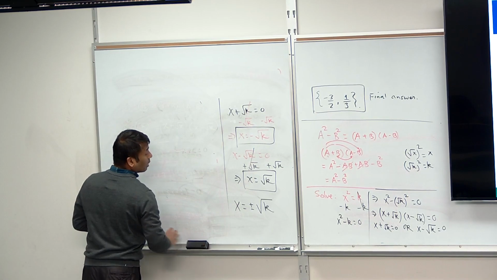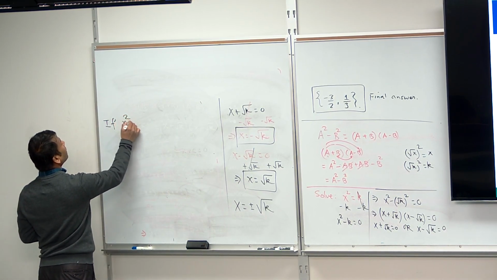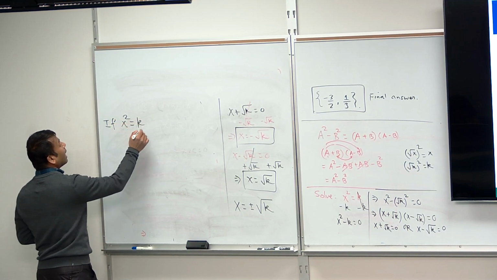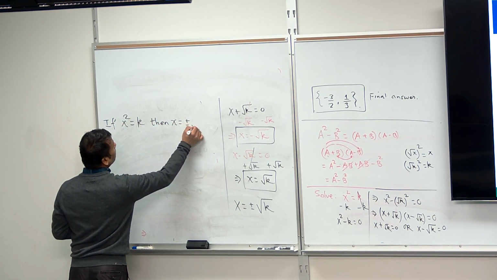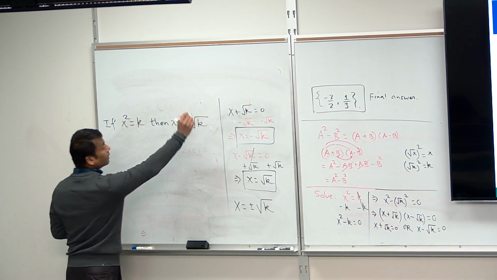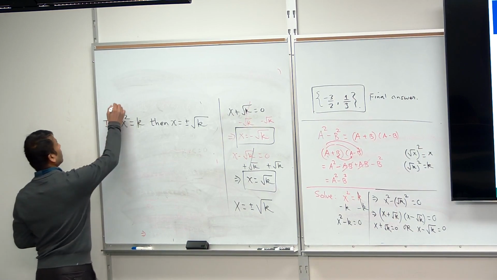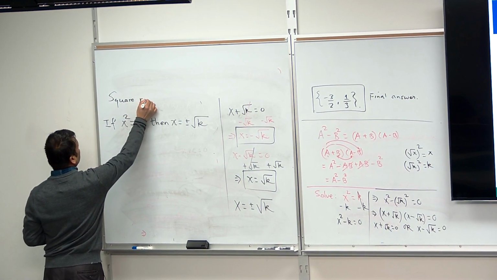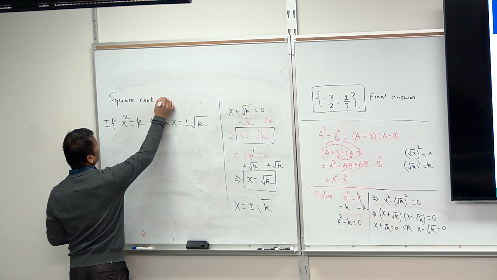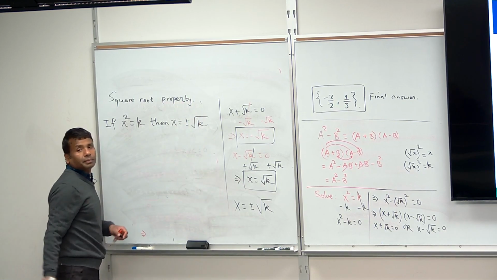What you need to know is if x squared equal to k, then x equal to plus or minus radical k. So this is called the square root property.